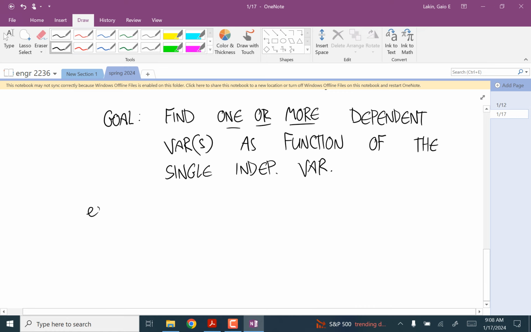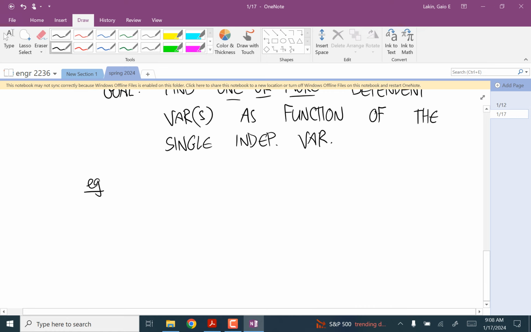Okay, so for example, if you have this differential equation, y double prime plus 10 y prime. I don't know why I'm using that prime notation. Erase that.